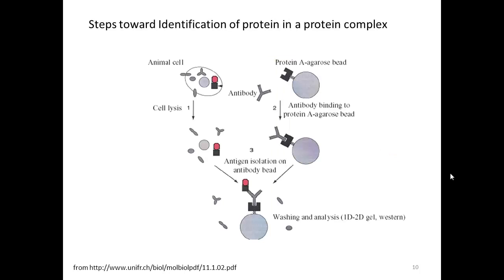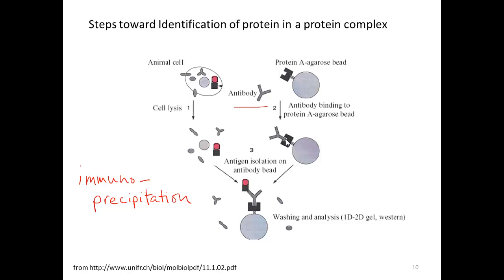Now, for the study of a protein complex, we're going to utilize antibodies that are specific for one protein in that complex. These type of experiments are called immunoprecipitations. Let me write that out for a second. Here we go. It's immuno because the antibody is part of the immune system.